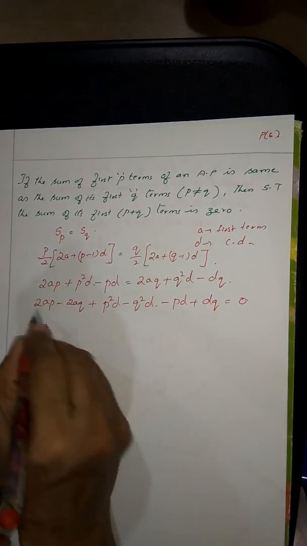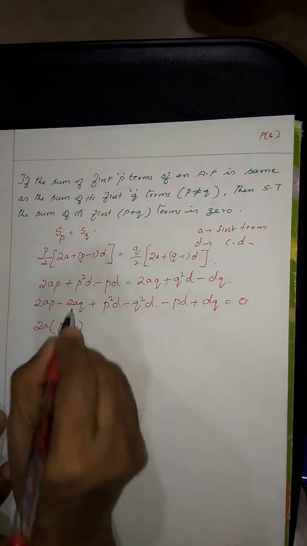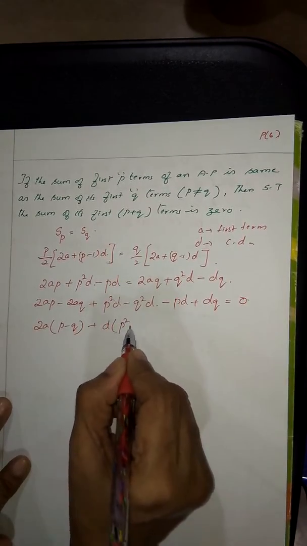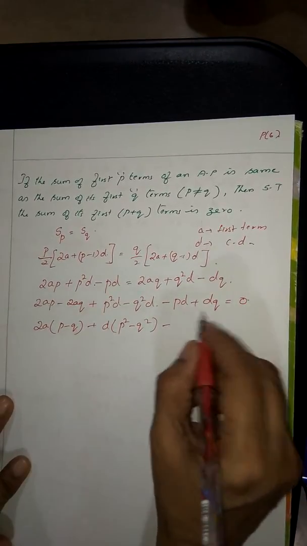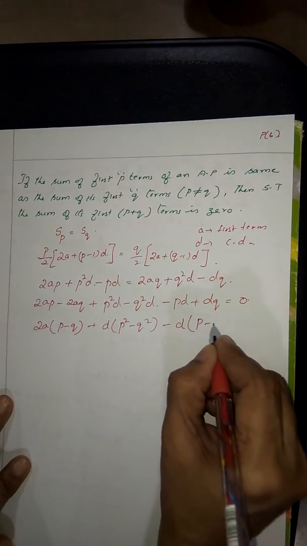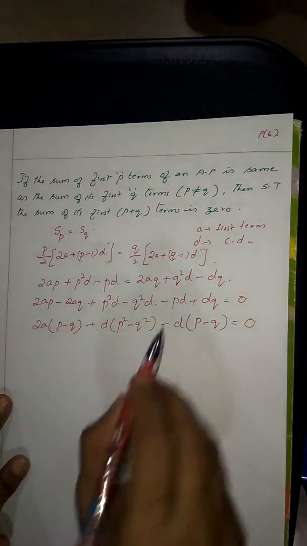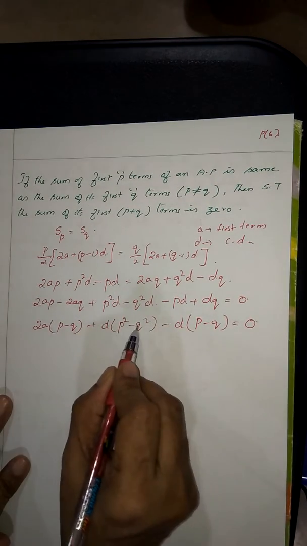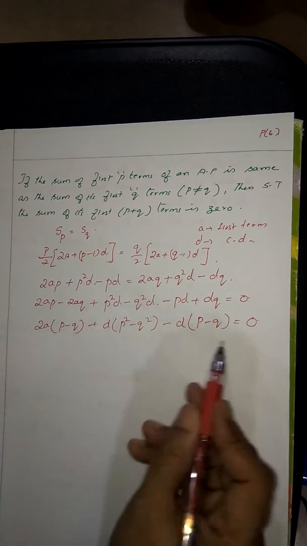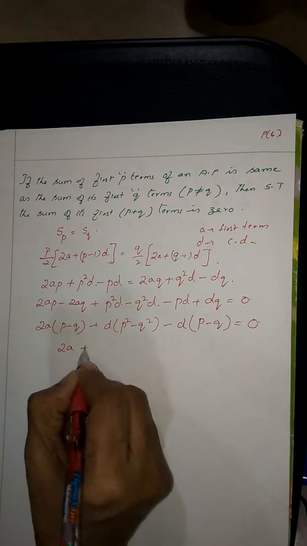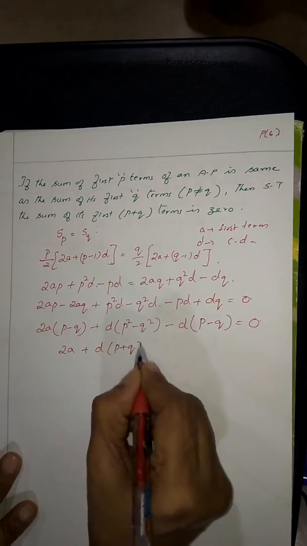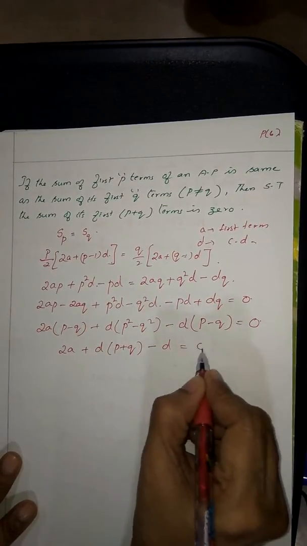So 2A into P minus Q, plus D into P squared minus Q squared, minus D into P minus Q is equal to 0. P squared minus Q squared can be written as P plus Q into P minus Q, and we can divide throughout by P minus Q. So you get 2A plus D into P plus Q, minus D is equal to 0.